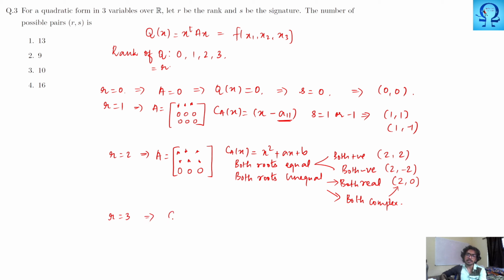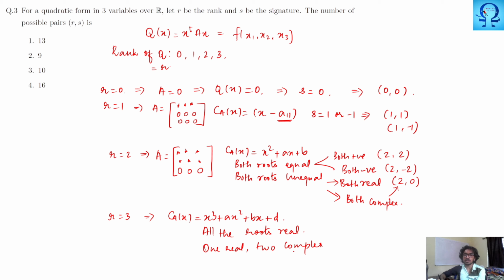so when r equals 3, your characteristic polynomial will be something of this form. So in this case, what are the things you will have? You will have all the roots real, or one real, two complex, because this is a polynomial with real coefficients, right?